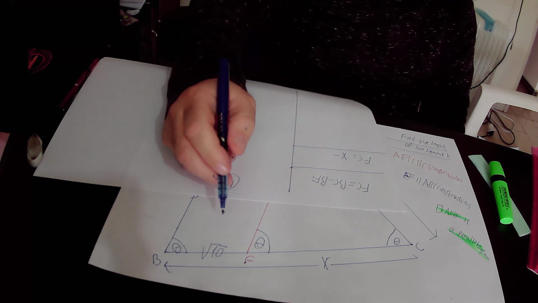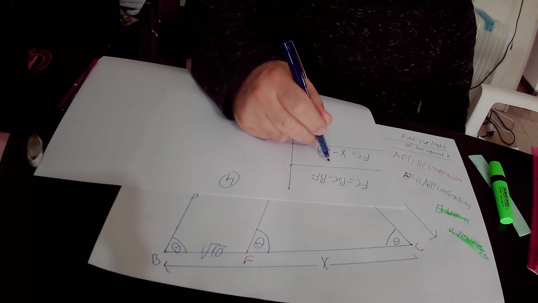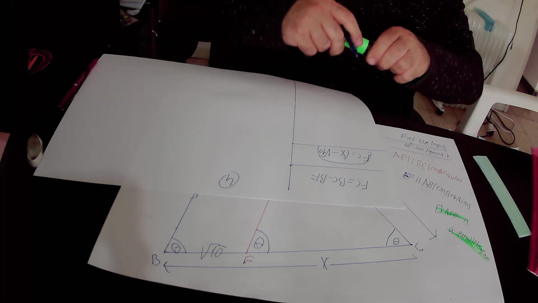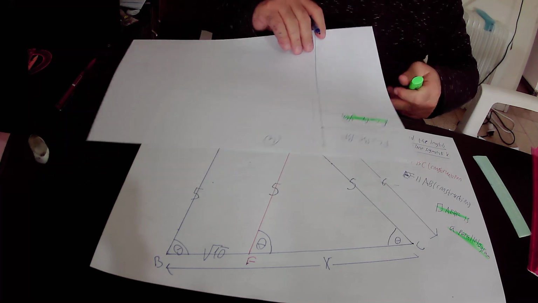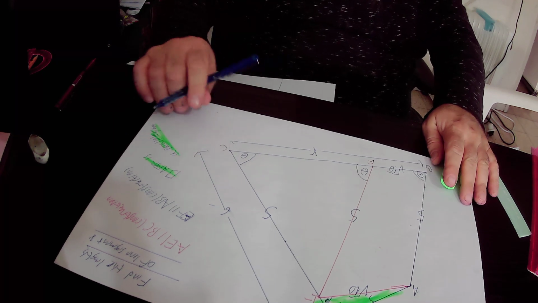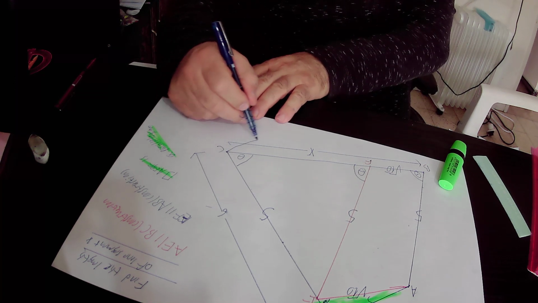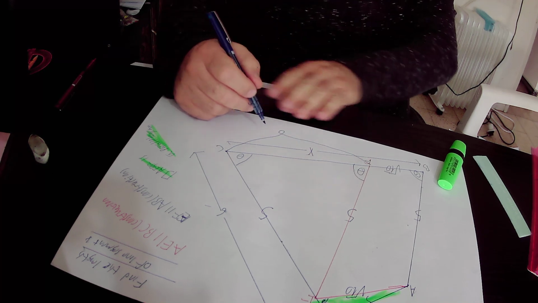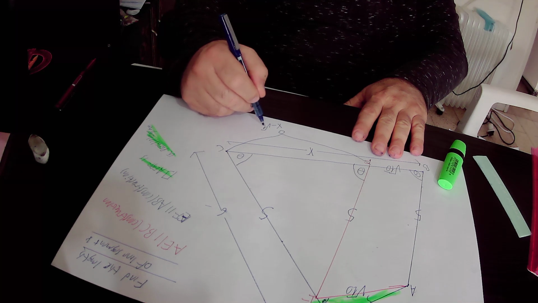And we just found out that BF equals the square root of 10 units. So in conclusion, FC equals x minus the square root of 10 units.